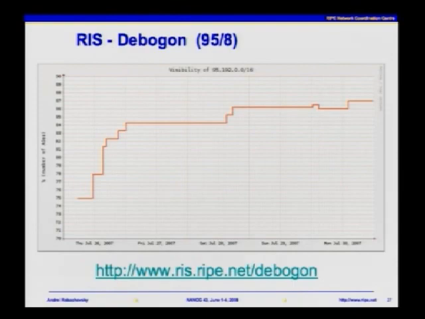We also look at RIS data and see if they're reachable indeed. This is a graph showing visibility of a prefix over time, and you can see that soon after the prefix is announced, already 75% of ISPs see this prefix. I guess that says something about lack of filtering.